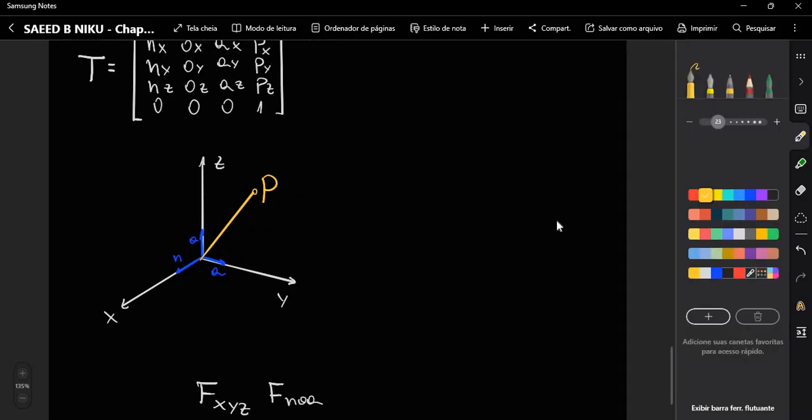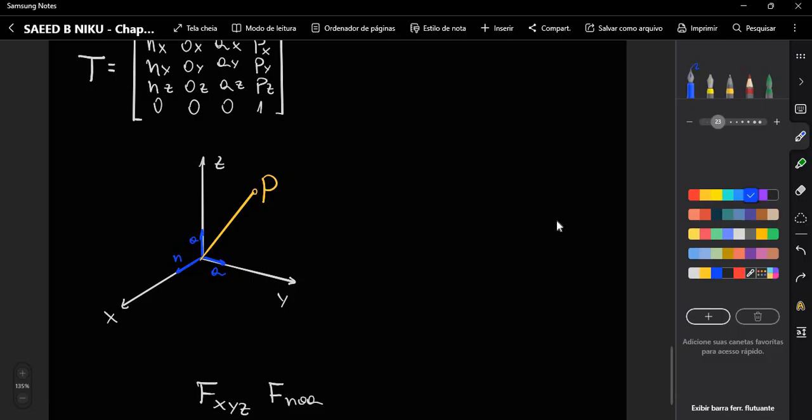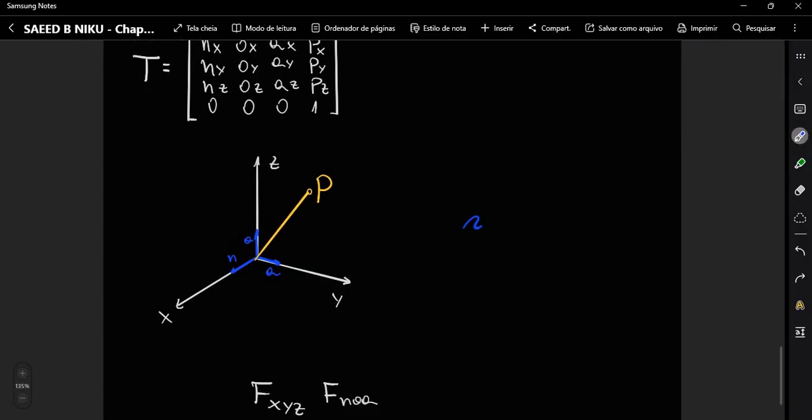And if you remember, we have restriction equations for this point in space. Let me draw the reference systems F and O separately.